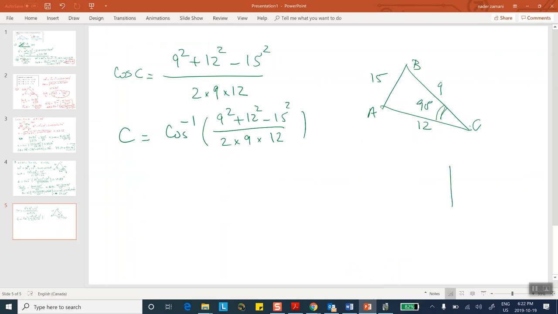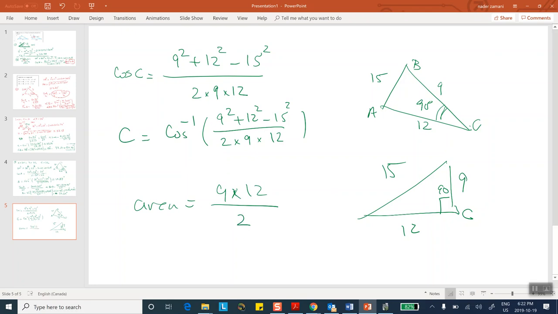So basically my situation is this. C looks like that. This is 90 degrees. This is the hypotenuse, must be 15. This is a 9. This is a 12. And the area is equal to the height times the width divided by 2. And this is 54.